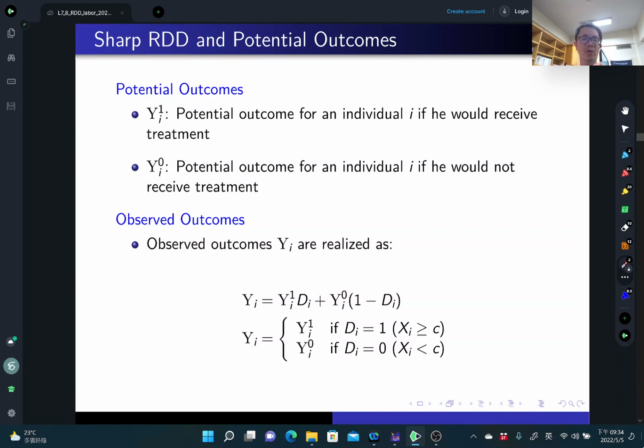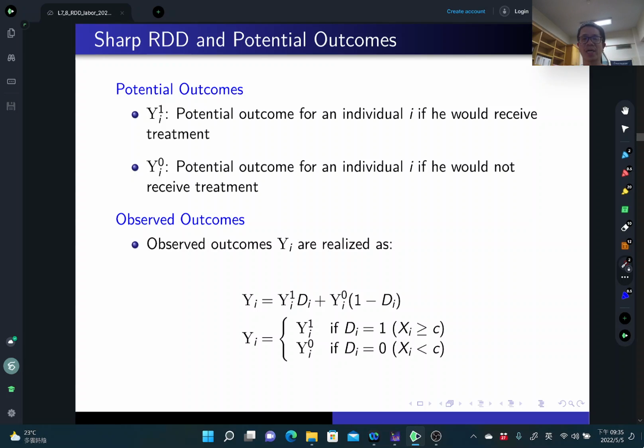you can define different potential outcomes. In the alcohol case, it is the potential mortality rate, the potential probability to die. So Y1 is the potential outcome for individual i if he received the treatment. So 1 means you get the treatment. This is the hypothetical outcome if they get the treatment.